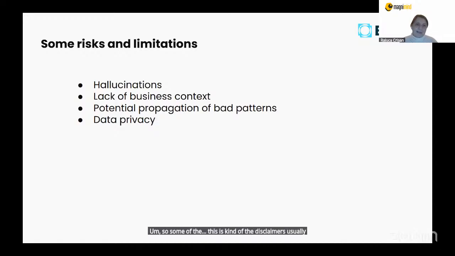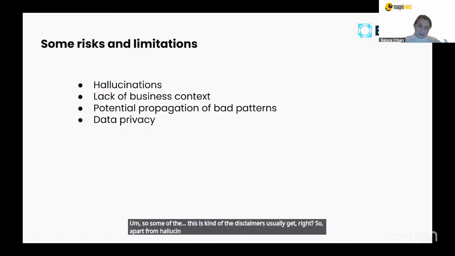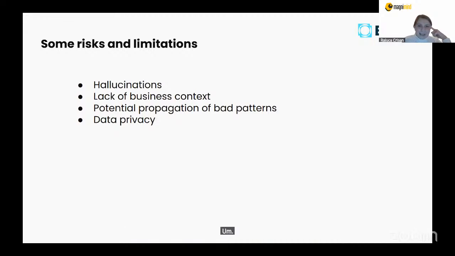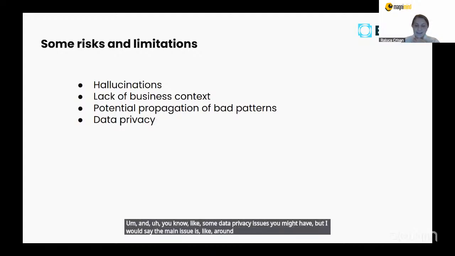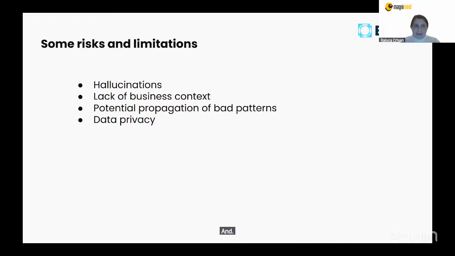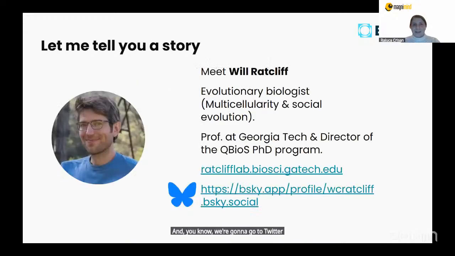Apart from hallucinations, with the wrong business context, and some data privacy issues you might have, I would say the main issue is around some of this uncertainty. We're going to go to Twitter for some amazing examples from this guy who I don't really know.